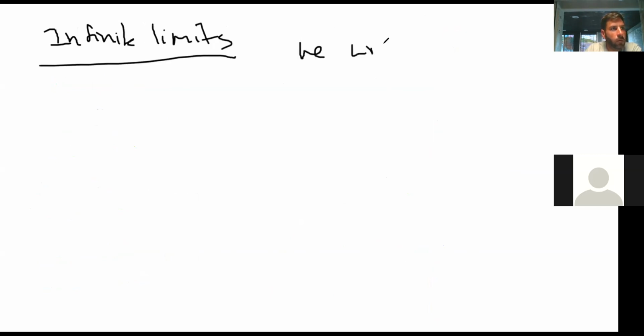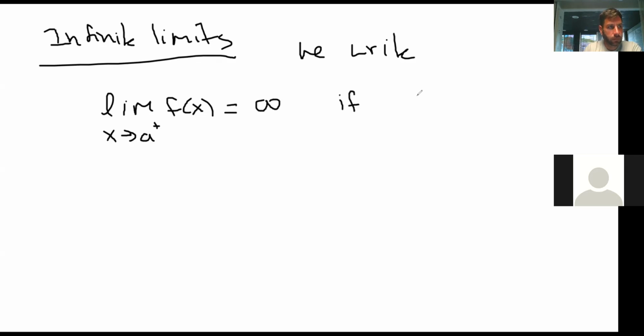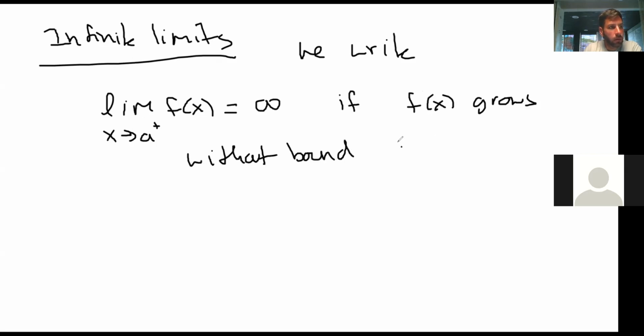Okay, so the next thing that we need to write down is what are called infinite limits. So we write limit as x approaches a from the right of f of x equals infinity if f of x grows without bound as x goes to a from the right.